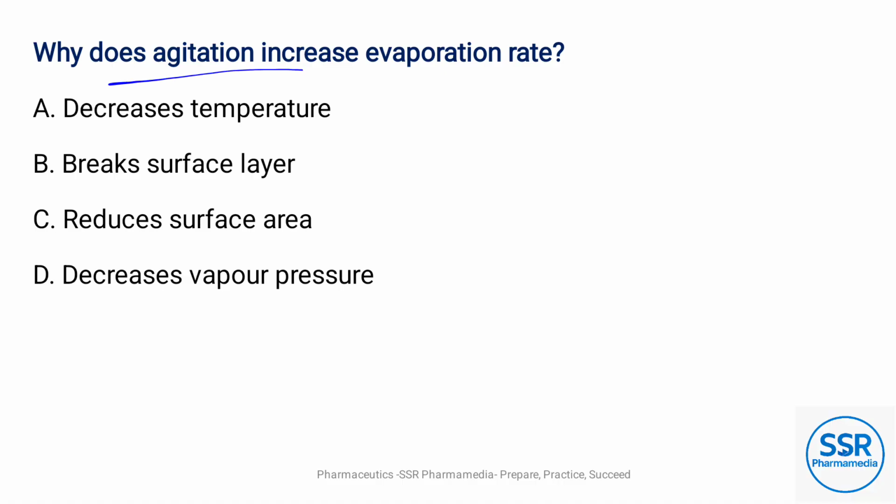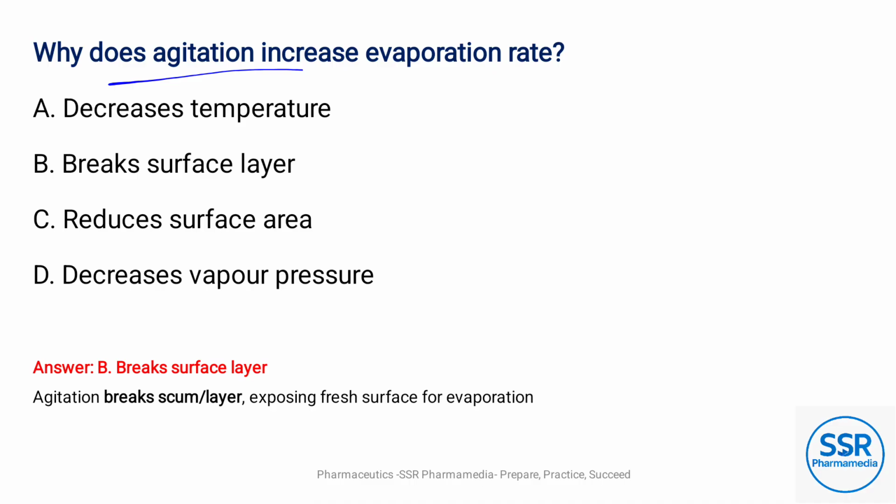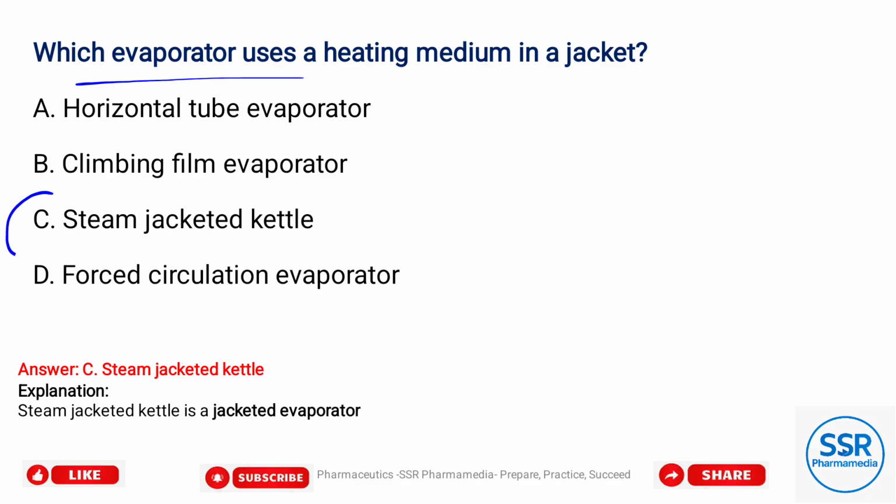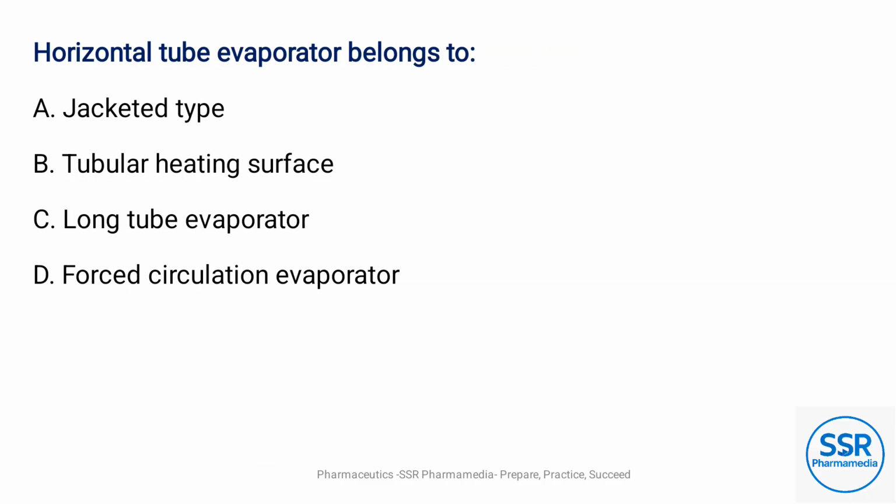Why does agitation increase evaporation rate? Option B, breaks surface layer. Which evaporator uses a heating medium in a jacket? Option C, steam jacketed kettle.